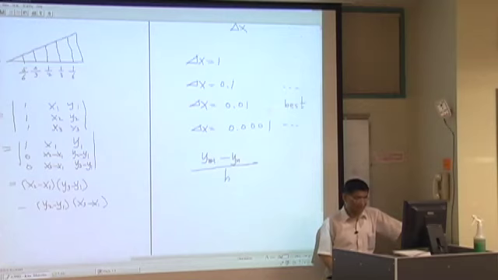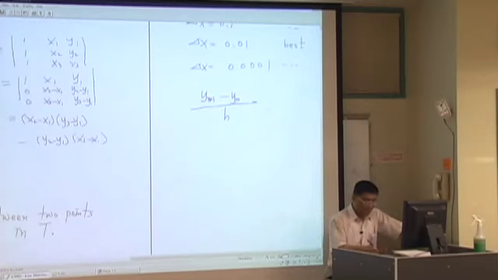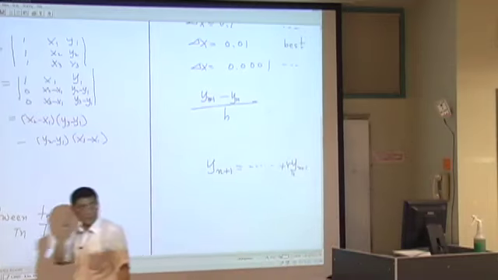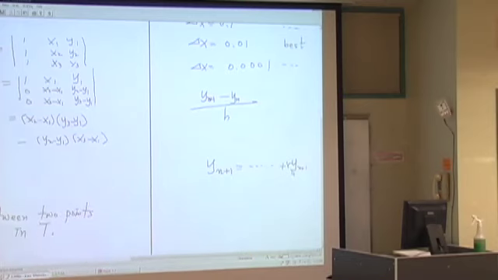Another thing is this one. When you have a differential equation, we have this kind of situation, right? This means what? Implicit method, right? For instance, Crank-Nicolson or backward Euler has this kind of situation.